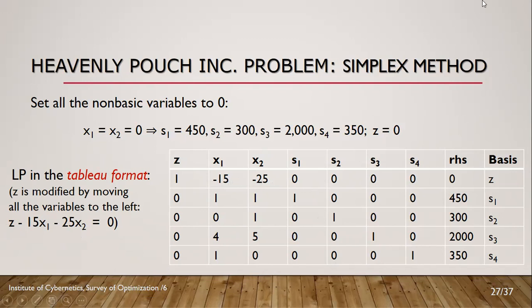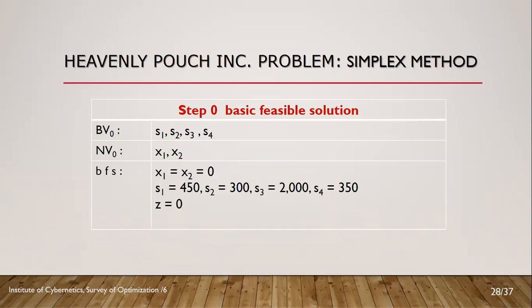So the basic feasible solution at step 0 is given in this table. Basic variables are s sub 1, s sub 2, s sub 3, s sub 4. Remember that they appear on the left-hand side. Non-basic variables are x sub 1, x sub 2.